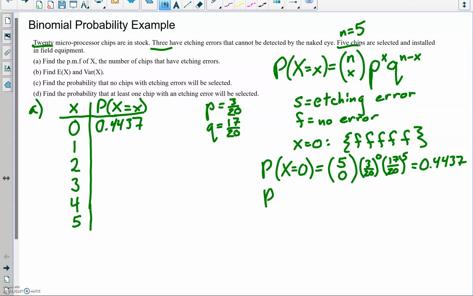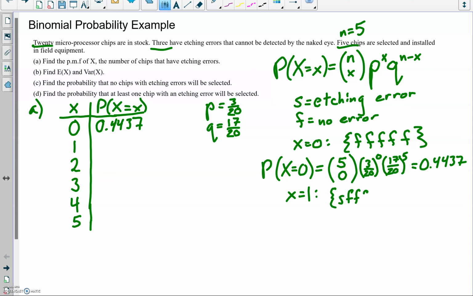All right, so then for the x is 1, and I'm actually going to back this up a little and do it this way. So when x is 1, that means that you have 1 success in those 5 choices. Well, one way that you could do it, maybe the first one you picked got off to a bad start. It was successfully an etching error, and then the rest are failures. That'd be one possible outcome.